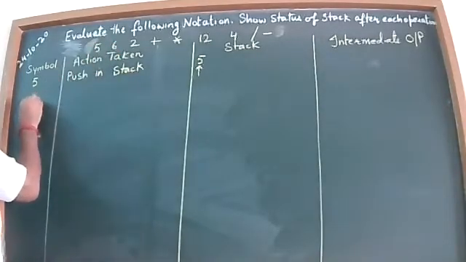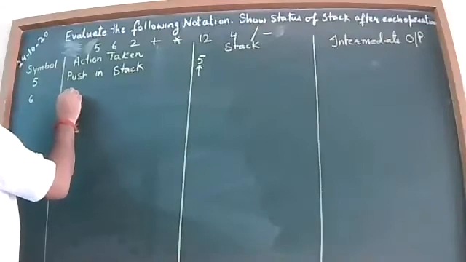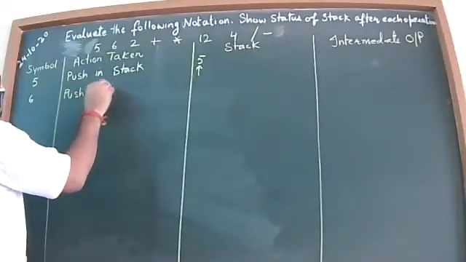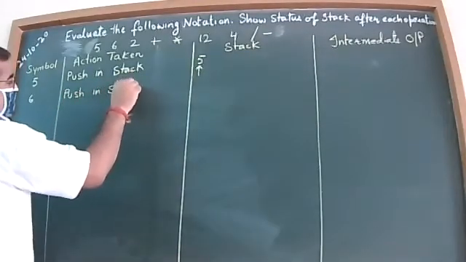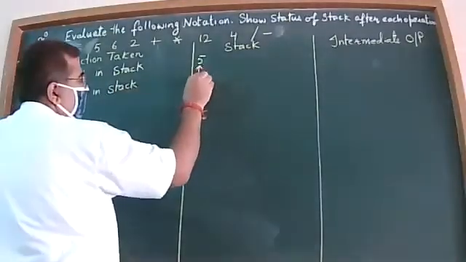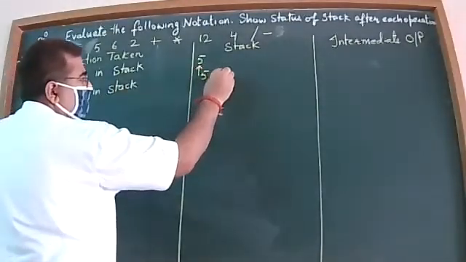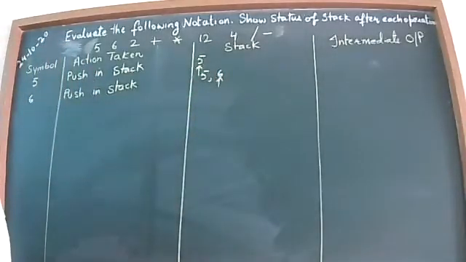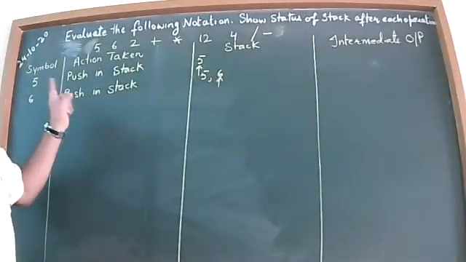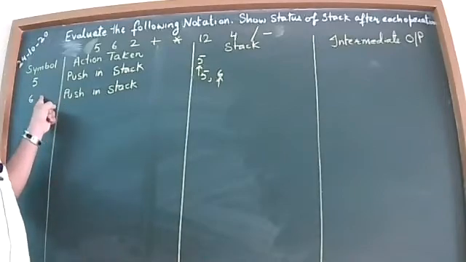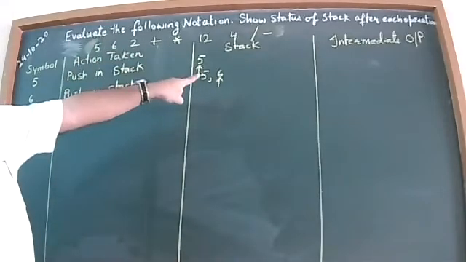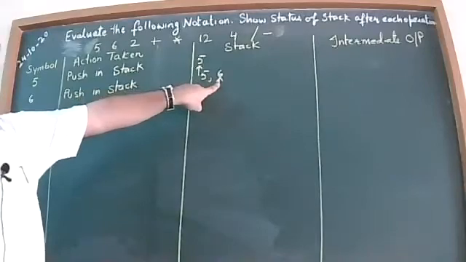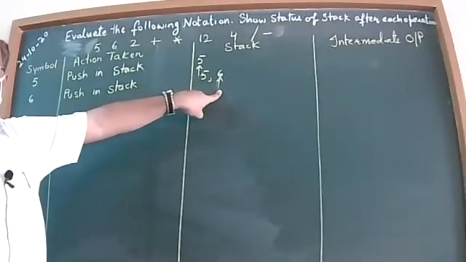Next is 6. Again write push in stack. 5 was earlier, now comes 6. So at the top we have 6. The number which was most recently placed will be shown at the top of the stack.